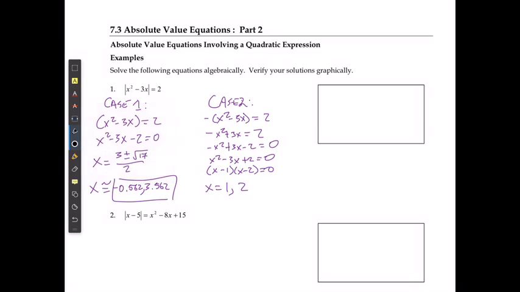And when I graph it out, I'm going to have my quadratic function, and I'm going to have my linear function where it is equal to 2. And I can see that it has 4 points that cross here.